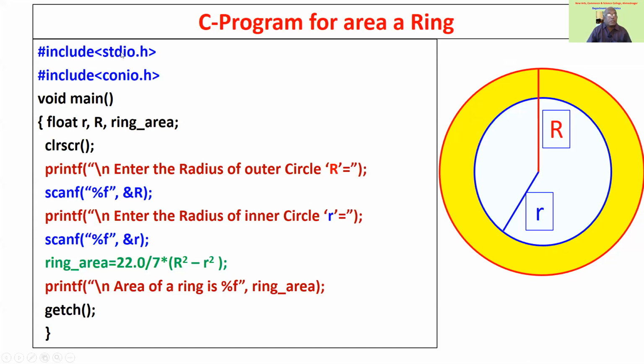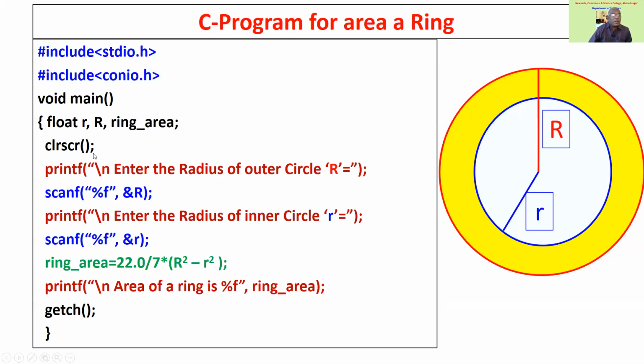Hash include stdio.h, hash include conio.h, void main, floating type r for the inner circle, capital R for the outer circle, ring underscore area. I am using a different kind of variable name to show you what different types of variable names you can have.